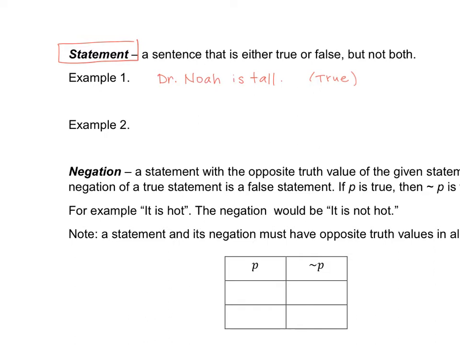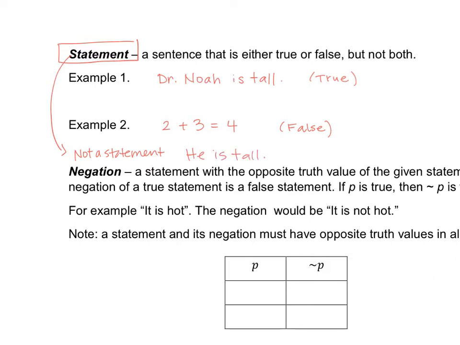We could say 2 plus 3 equals 4. That's a sentence. It can be either true or false. In fact, this is actually a false statement. Now, something that's not a statement would be saying something like, oops, I can't spell, he is tall, because we don't know if that's true or false.